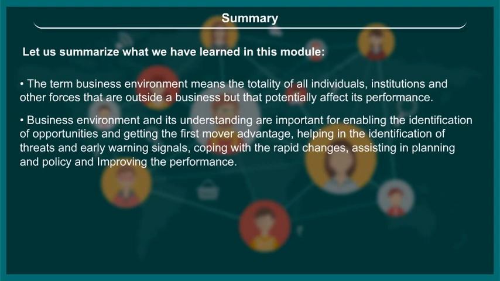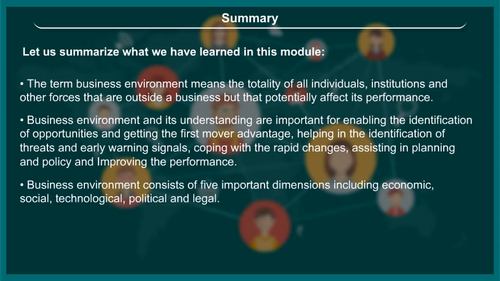Business environment and its understanding are important for enabling the identification of opportunities and getting the first mover advantage, helping in the identification of threats and early warning signals, coping with rapid changes, assisting in planning and policy, and improving performance. Business environment consists of five important dimensions, including economic, social, technological, political, and legal.